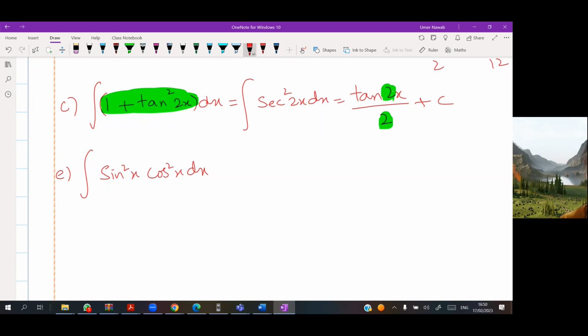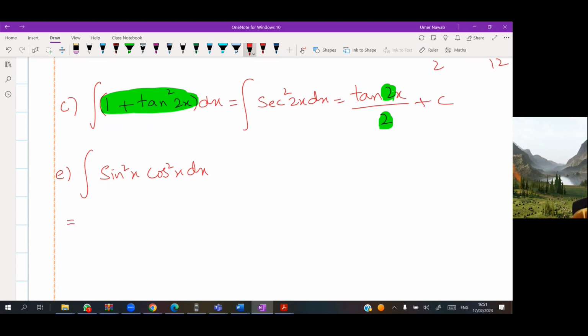That was sine 2x equals 2 sine x cosine of x. So let's try to apply that identity over there. Okay, I'm going to try to apply this rule here.